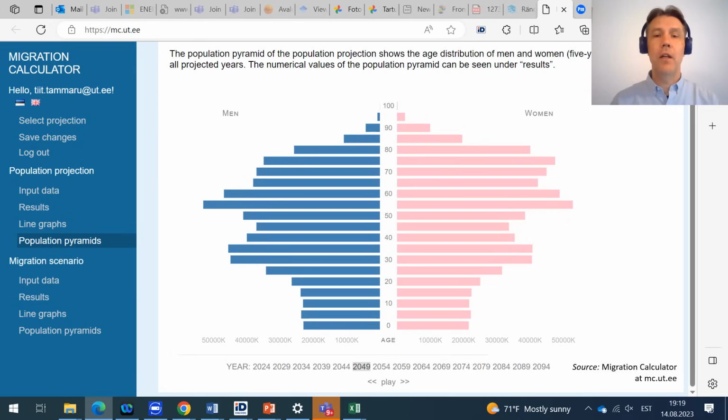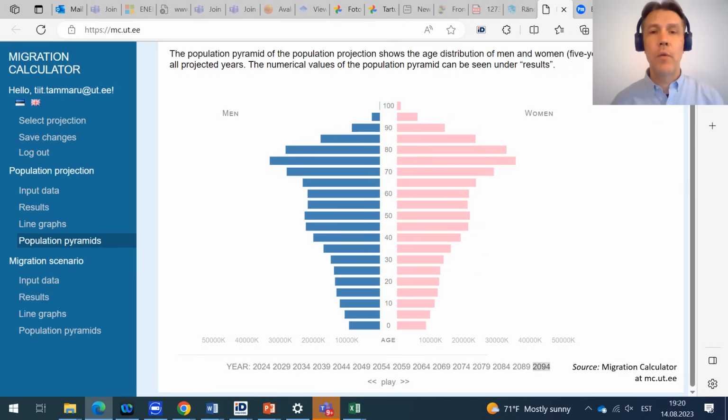The number of children is decreasing further, and the population of China is getting older. And when we look at the end of the 21st century, we see that the aging of the population has increased further. The number of children is contracting even further, and the number of people in the retirement age is increasing quite rapidly.